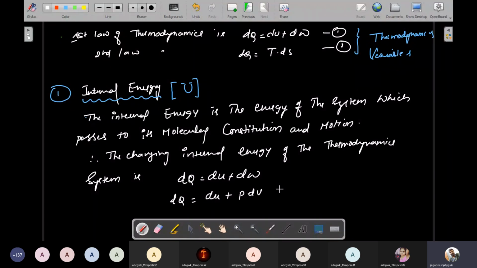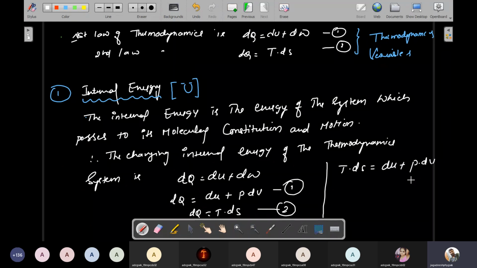So therefore, finally, dQ is equal to dU plus P dot dV. Okay. This is equation 1. And what is the second law of thermodynamics? dQ is equal to T dot dS. Okay, this is second. So combining 1 and 2, we will get T dot dS is equal to dU plus P dot dV.